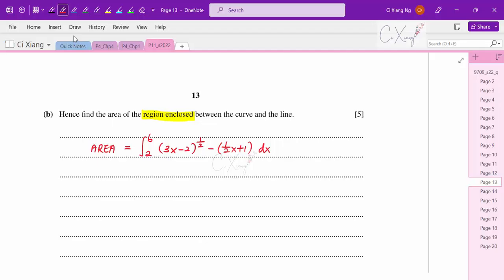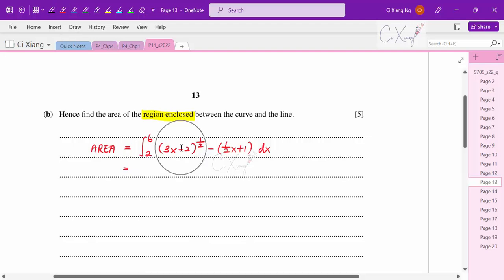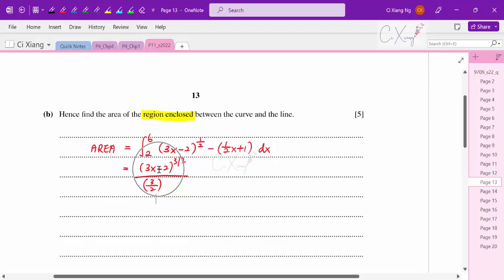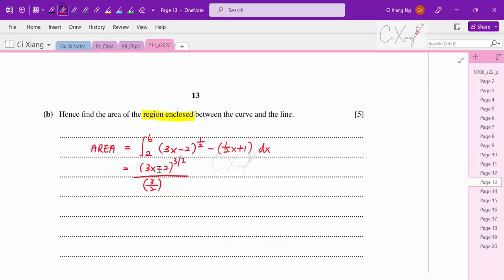So we can slowly apply the integration here and substitute the limit. To integrate the first bracket with a power half, you can copy back the bracket, power plus 1. When power plus 1, you get 3 over 2. So you need to divide it by the new power. After that, you differentiate the thing inside the bracket. Differentiate 3x minus 2, you get a 3. And of course, you still need to substitute the limits in, which are 6 and 2.